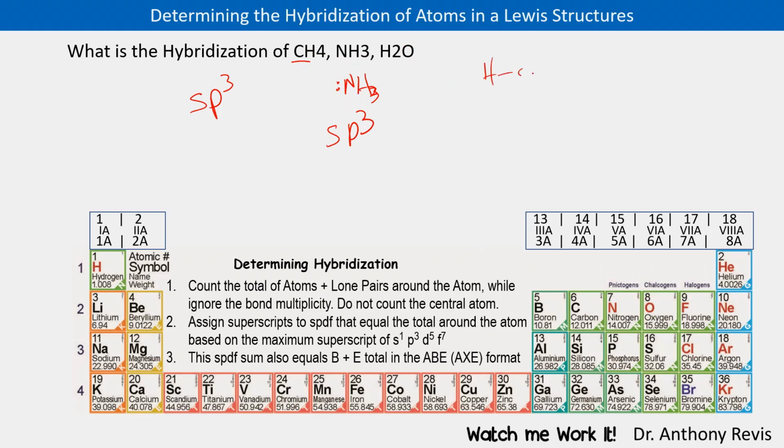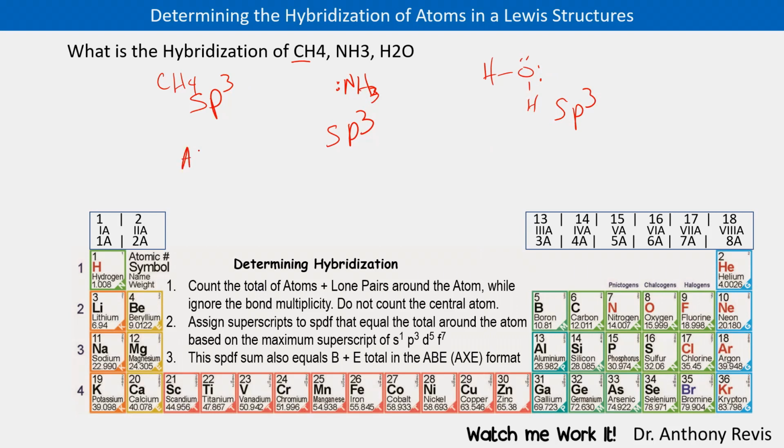Water, this is H2O. I know the Lewis structure of water, and oxygen is located in group 16 with 2 things around it, meaning it has 2 lone pairs. This is also SP3. So note here: SP3 for methane with no lone pairs, SP3 for ammonia with 1 lone pair, and SP3 for water with 2 lone pairs.